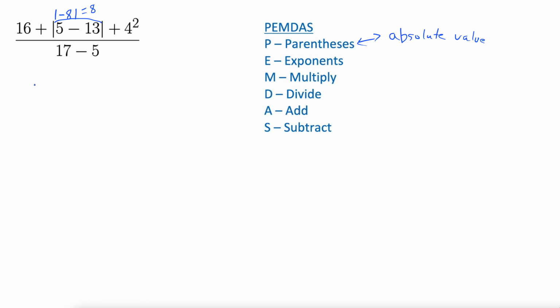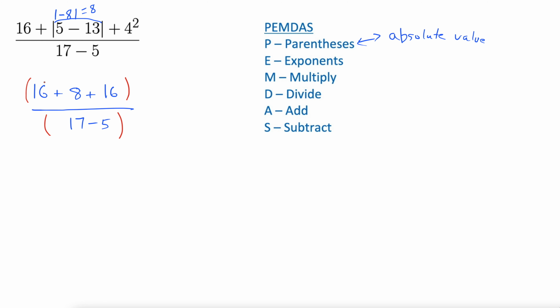Now we can rewrite 16 plus 8 plus, well, 4 squared. The next thing we do is exponents. 4 squared is 4 times 4, that's 16, all over 17 minus 5. When you're doing problems like this with a bunch of terms in the numerator and denominator, you treat the entire numerator as if it was in parentheses, and the entire denominator too.